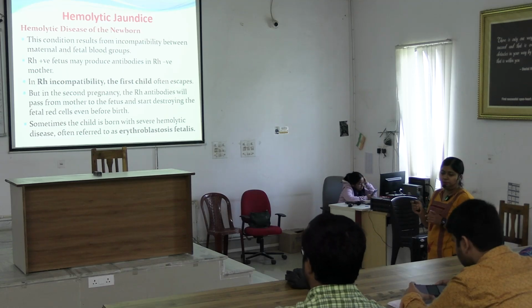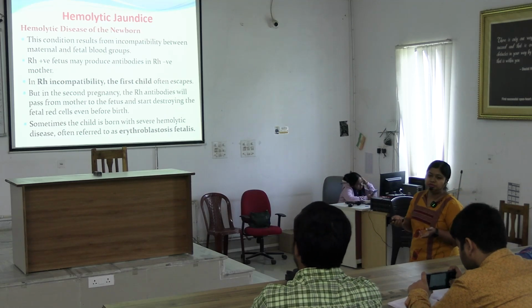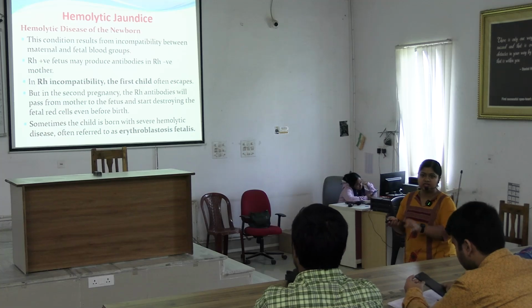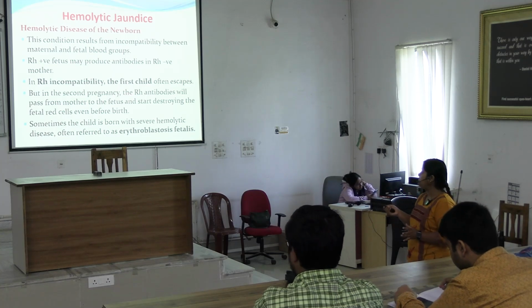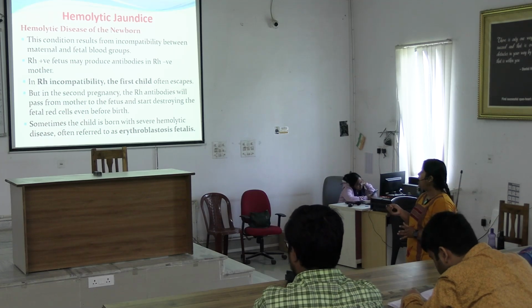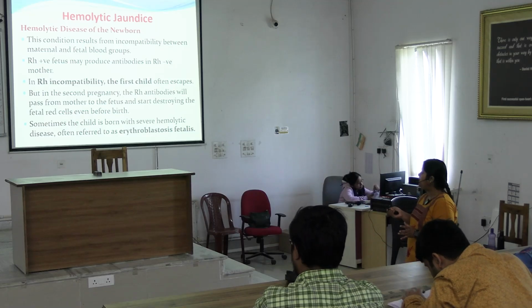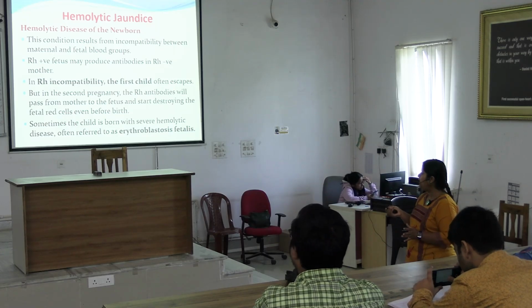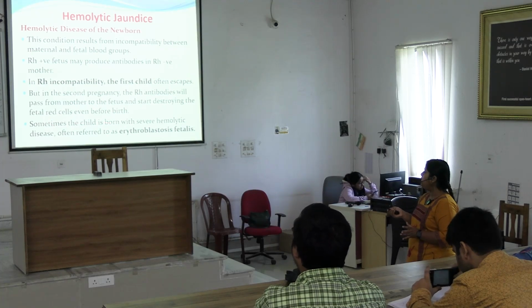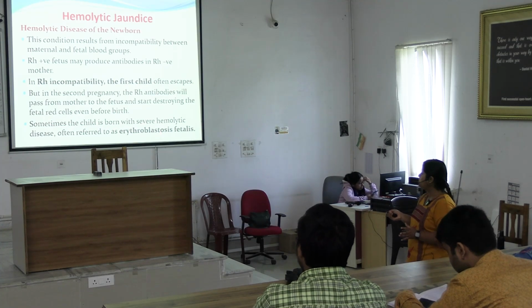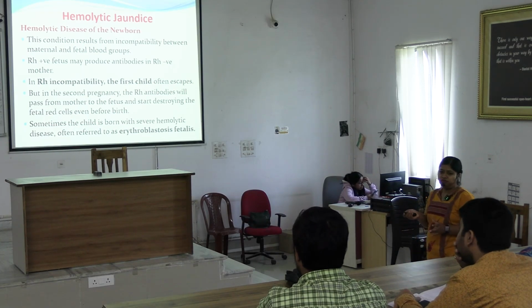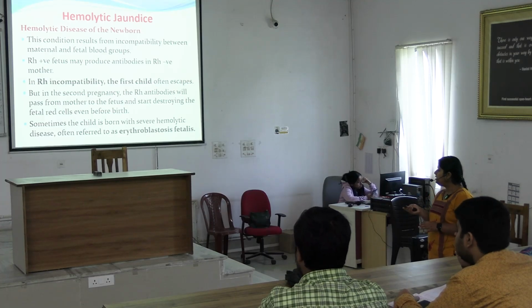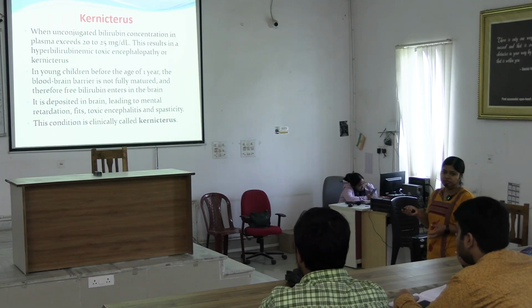So the mother's body produces antibodies against the fetus, and not for the first child but for the 2nd child, Rh antibodies from the mother will pass to the fetus and start destroying the fetal red cells very rapidly after birth. Okay, and the condition is called erythroblastosis fetalis. When it is very critical, the child may die in utero also.